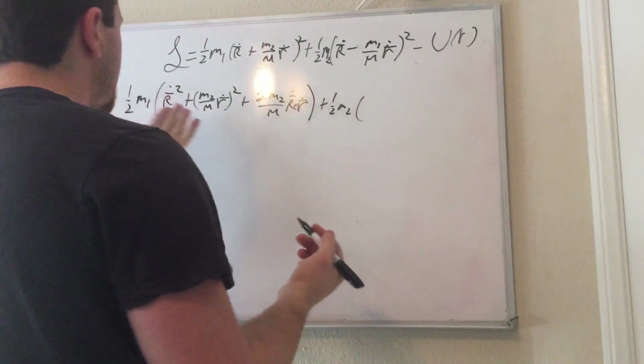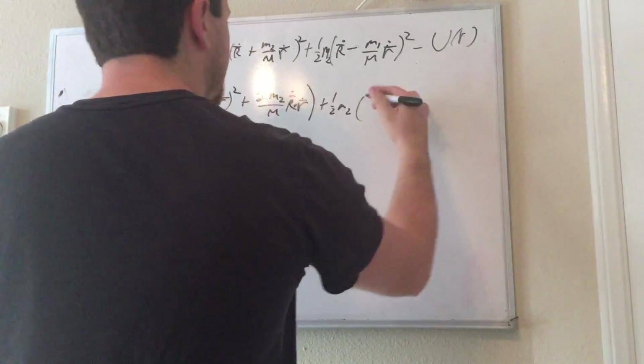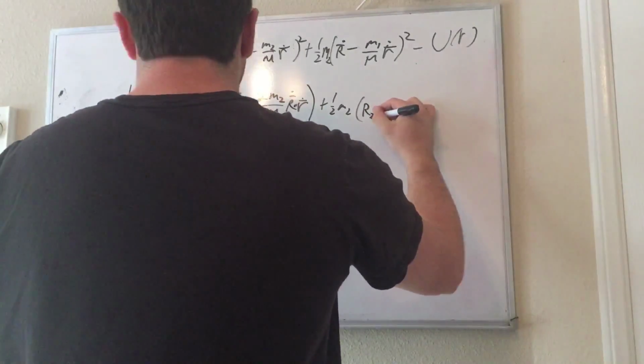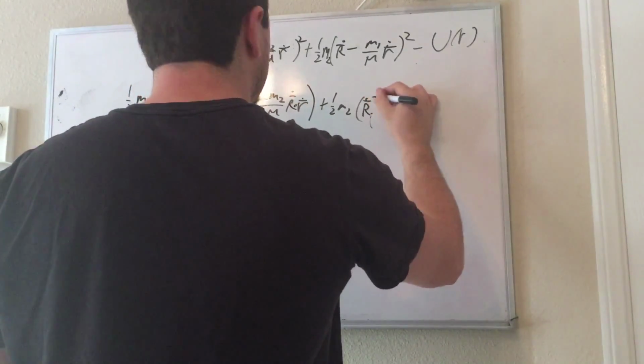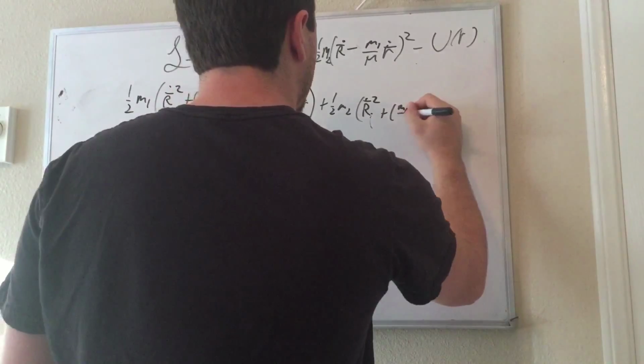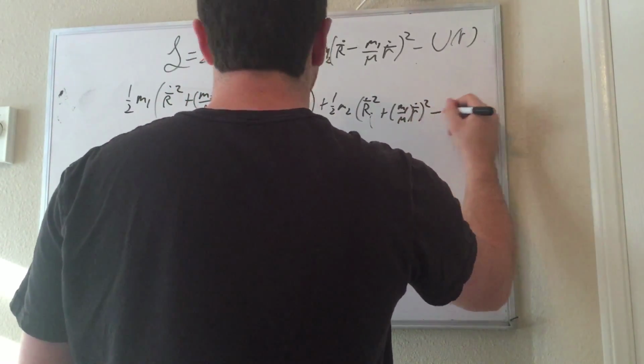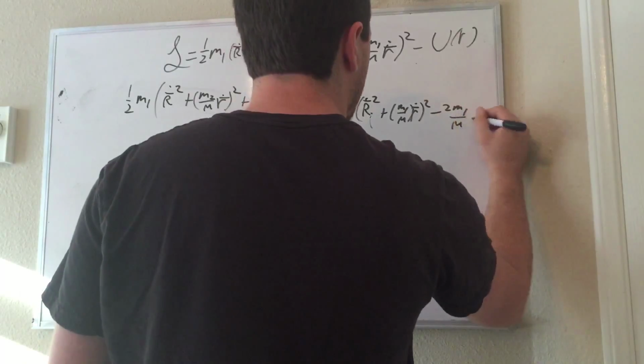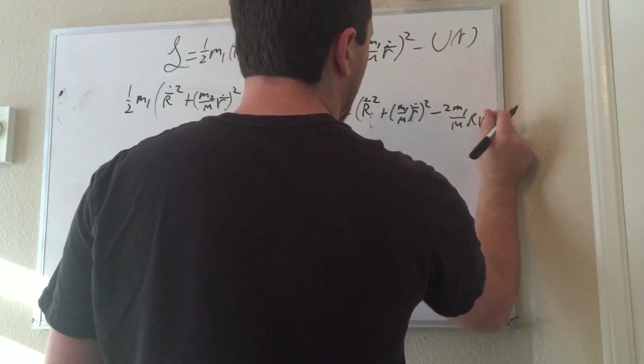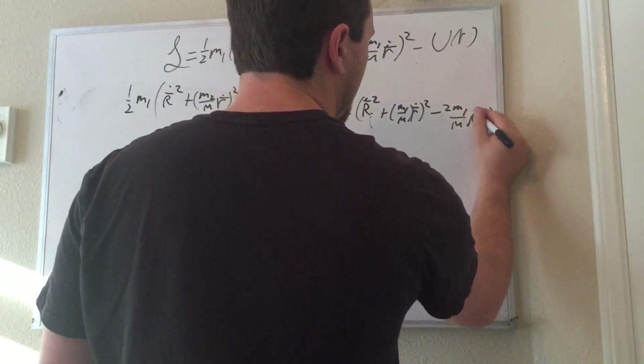Exact same thing, replace the m2s with m1s and a minus sign. So we get R dot squared plus m1 over M r dot squared minus 2 m1 over M R dot, where there's a dot product between these.